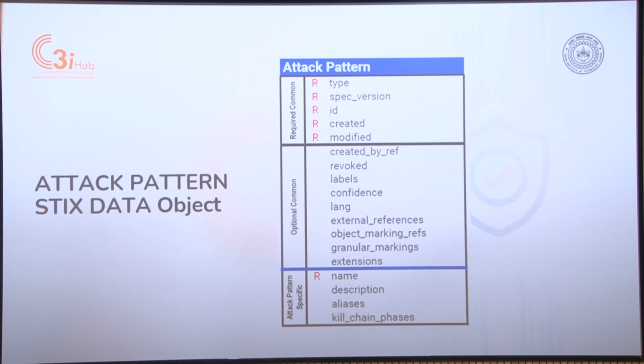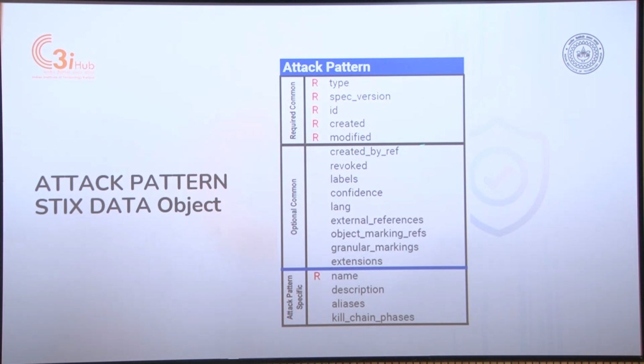Those of you who know JSON, I can write the type, a string that describes its type, and the spec version, a string that describes the spec version, in this case STIX 2.1. Then the ID of the attack pattern, which has to be a unique string identifying this attack pattern object.